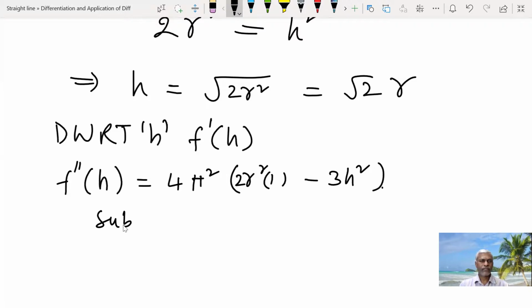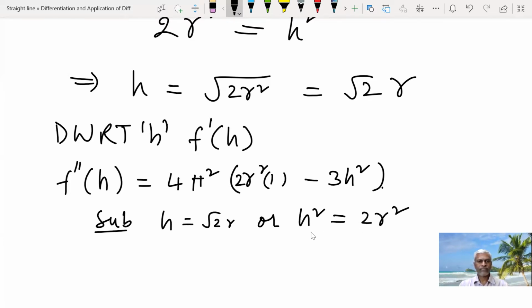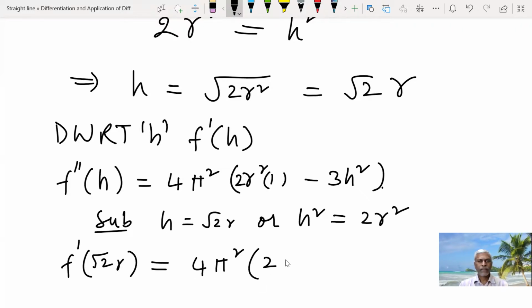Now substituting the h value root 2 r, or h square is equal to 2 r square, in this: 4 pi square into 2 r square minus 3 into 2 r square.